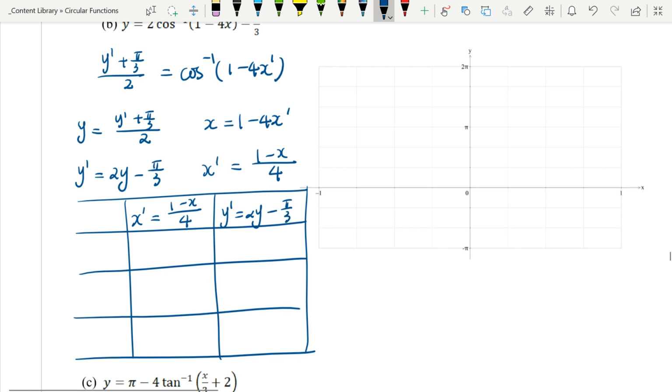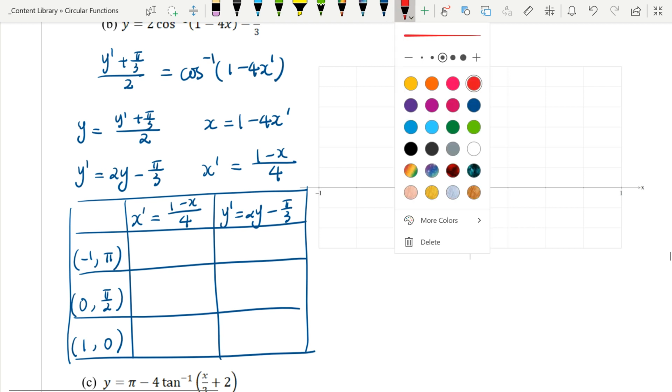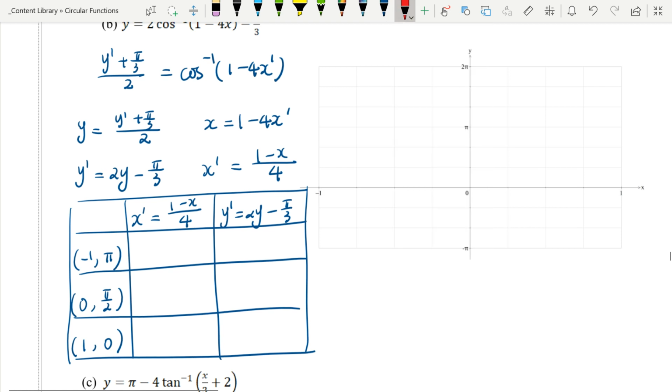Let's think from left to right. What are the 3 points you have on cosine inverse? Negative 1, pi, and 0, pi over 2, and the last one 1, 0. Okay, let's do the x substitution first. When you sub in -1, what do you get?